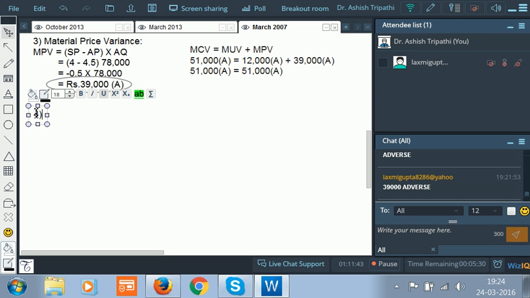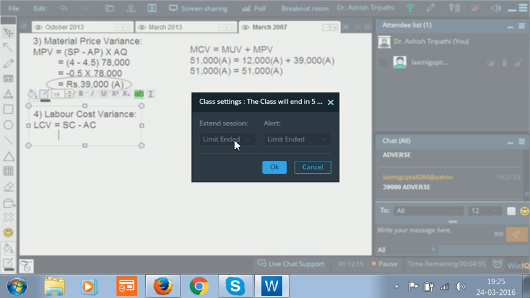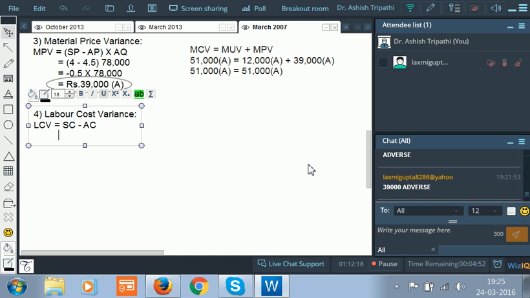Now let us solve the fourth part, labor cost variance, and the formula is standard cost minus actual cost.